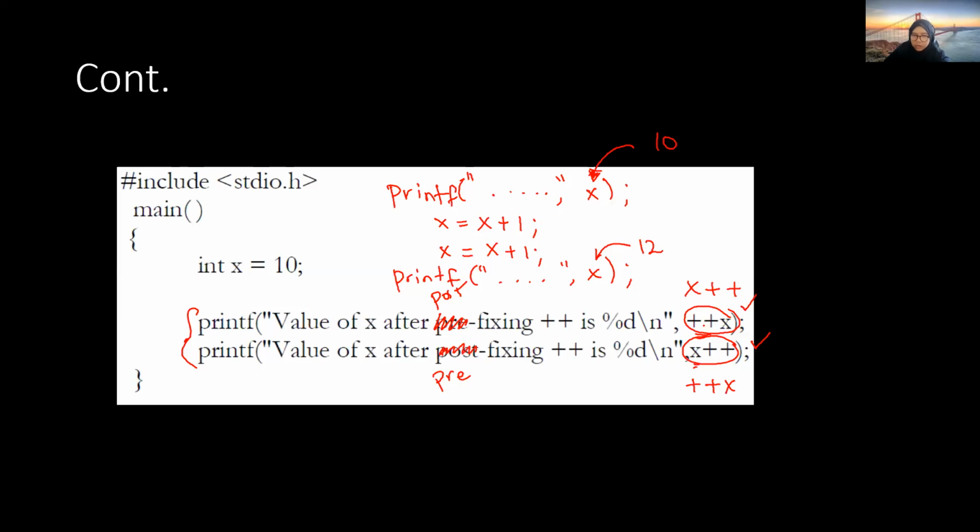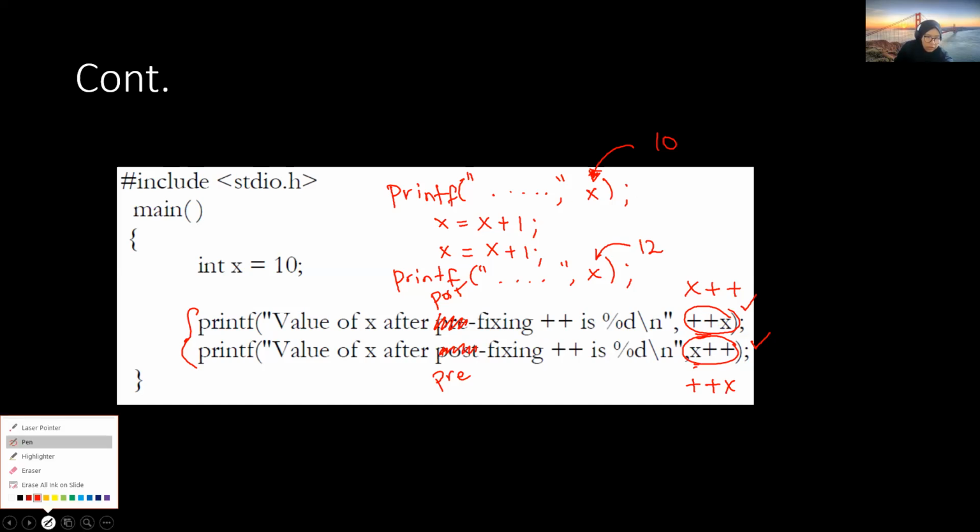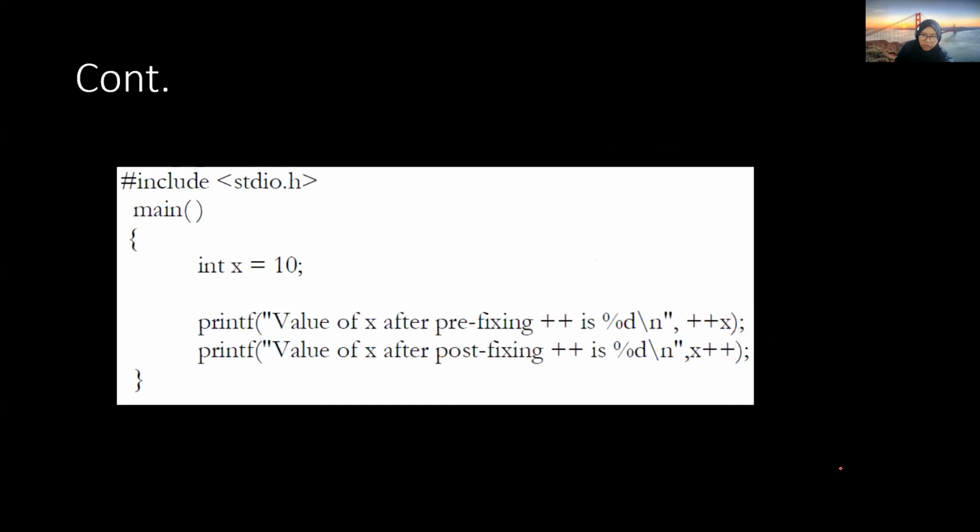Let's try to expand this, because I want you to understand this one also. Your friend said before the value is 11, and then the next output is also 11. Why?